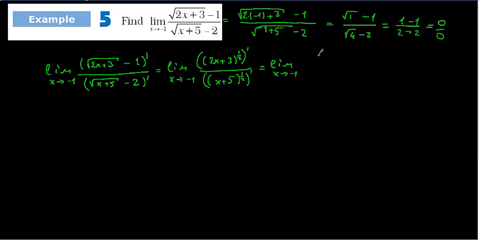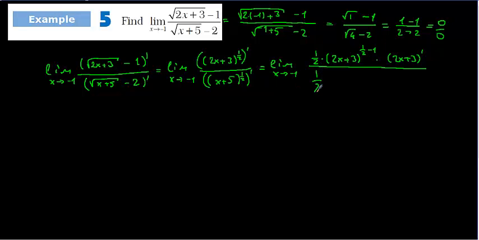Here 1 over 2 times 2x plus 3 to the power of 1 over 2 minus 1. It's going to be times 2x plus 3 derivative. You remember this one from the chain rule.